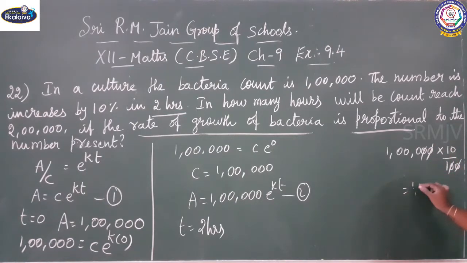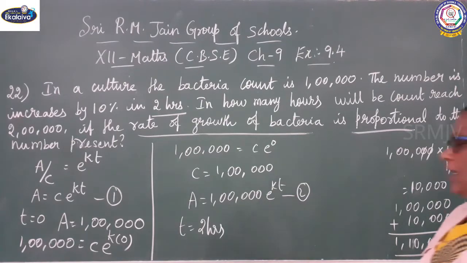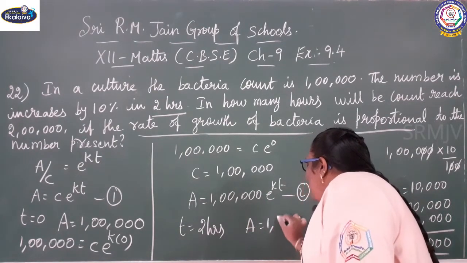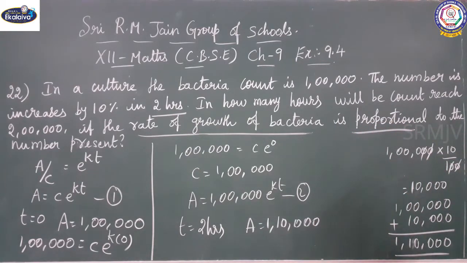See what is the amount? The bacteria level is 10,000. So you can add 1 lakh plus 10,000. So after 2 hours, the bacteria will be increased by 10%, meaning the bacteria level is A equal to 1 lakh 10,000.